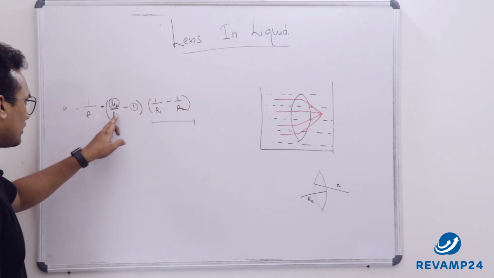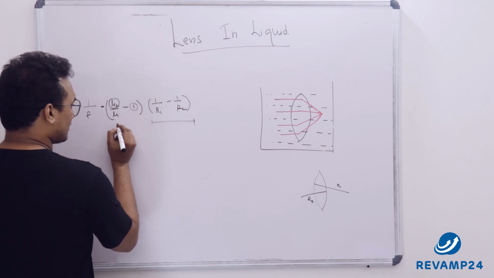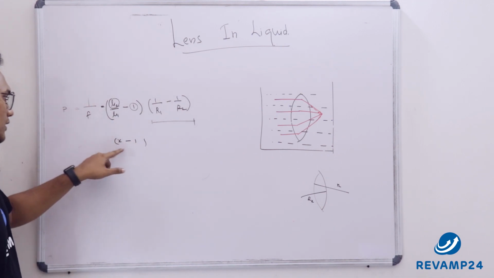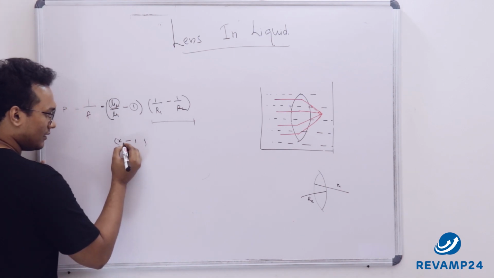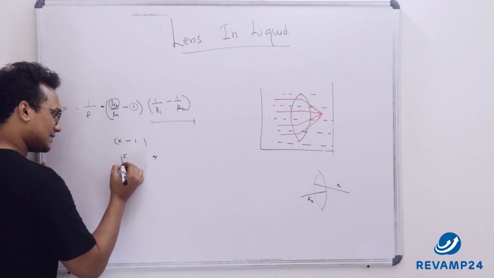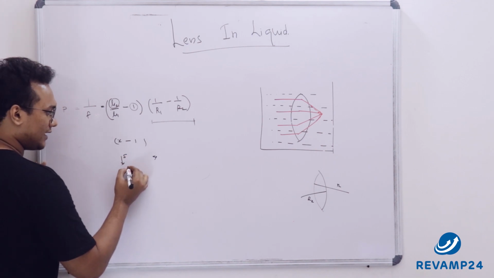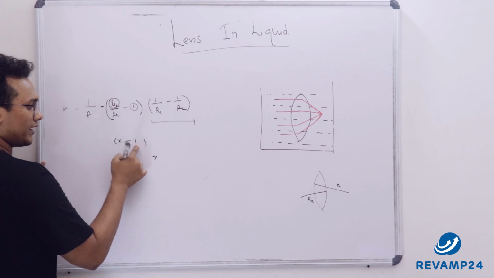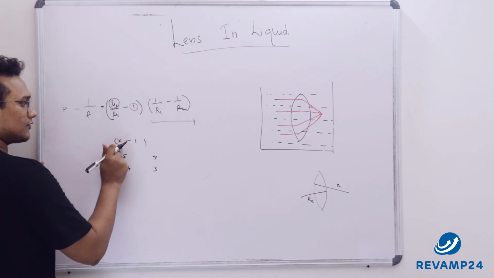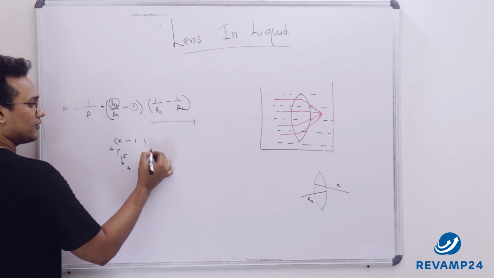Now I can compare this expression to x minus 1. If x is 5, then 5 minus 1 is 4. If x is decreased to 4, then 4 minus 1 is 3. If x is increased to 6, then 6 minus 1 is 5.